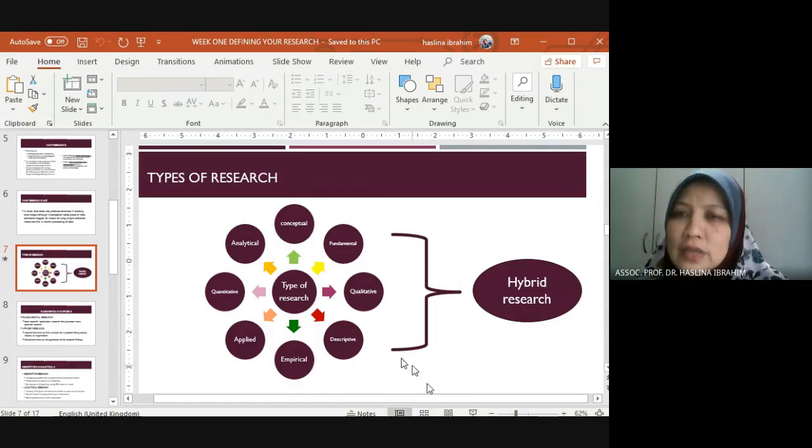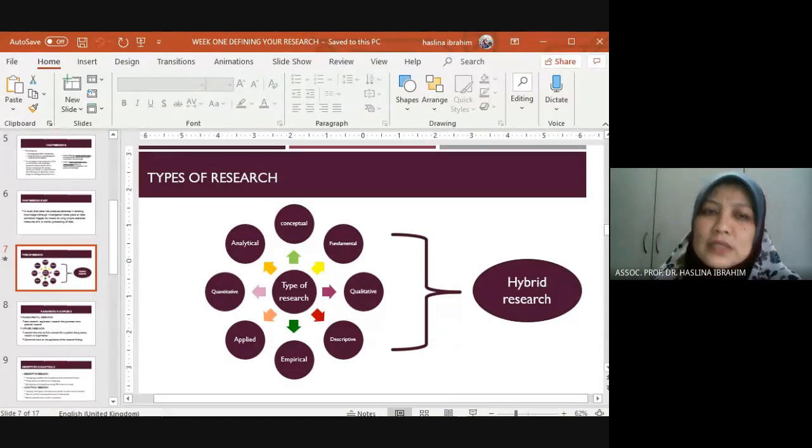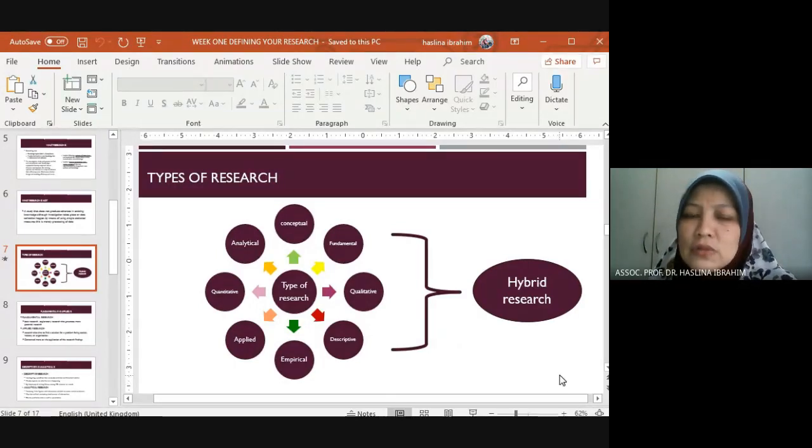But IRK lecturers, some of them have started, some of them are still stuck in the fundamental, qualitative, descriptive, analytical, definitely. But not many want to do empirical, not many want to do applied, not many want to do quantitative. Most of them are happy with analytical, conceptual, fundamental, qualitative, and descriptive.